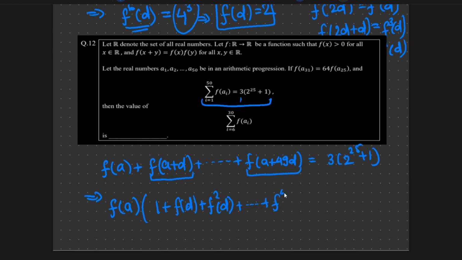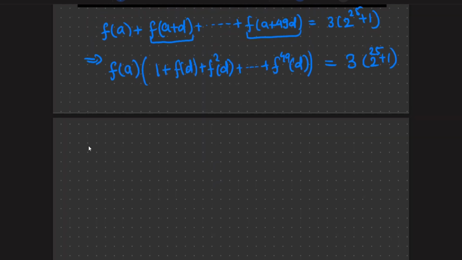So can you observe a GP over here in f(d)? Okay, let me add another page. So from here what we get is f(a) times 1 times, you know that f(d) is equal to 2, right?